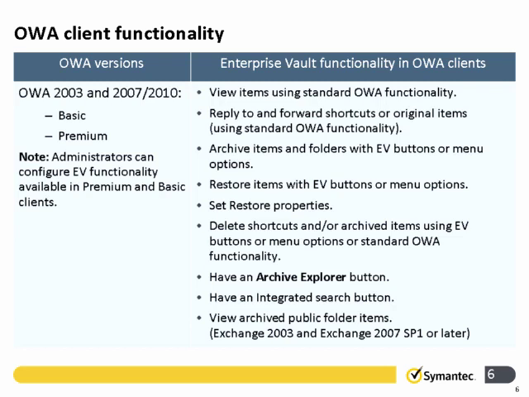You can delete your shortcuts or archived items using either the Enterprise Vault delete button or the Outlook Web Access delete button, and we'll show you the different functionality that is associated based upon which button you use. You will have the integrated search button, and if you are using the public folder infrastructure, you will be able to access that as well in your Outlook Web Access from Enterprise Vault.